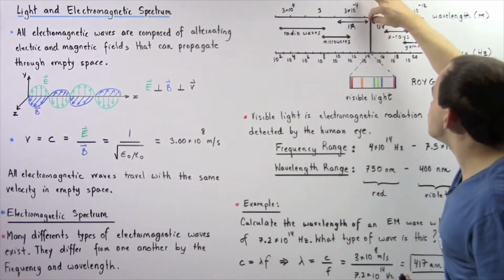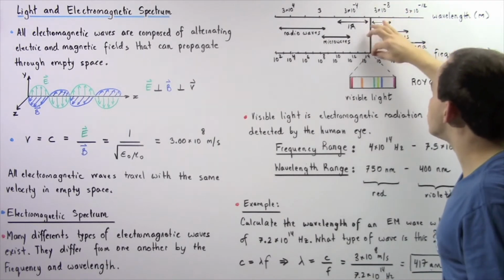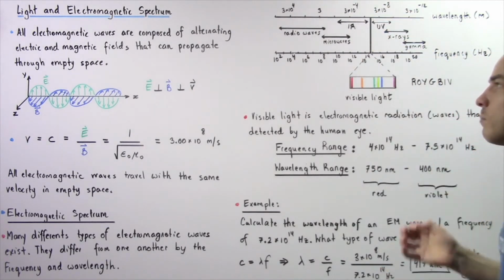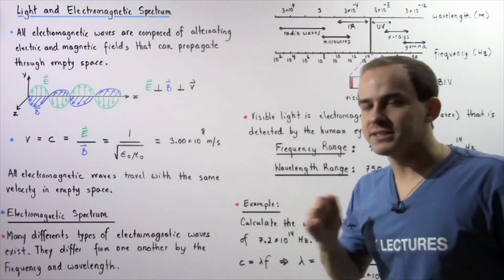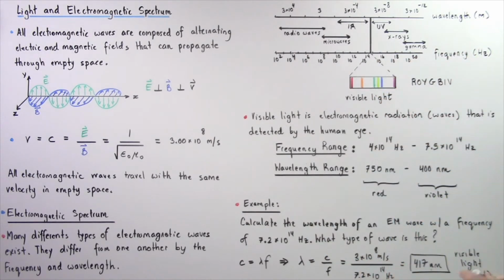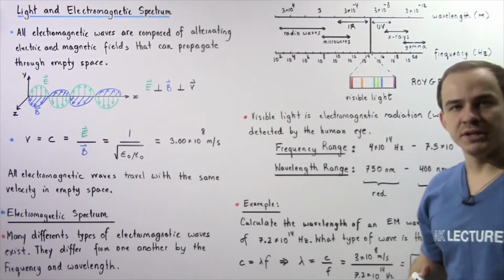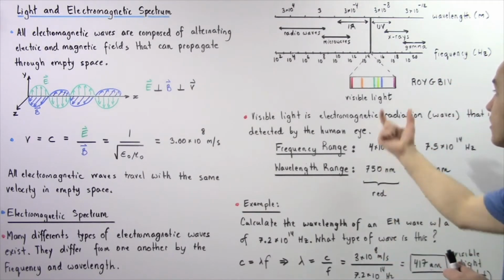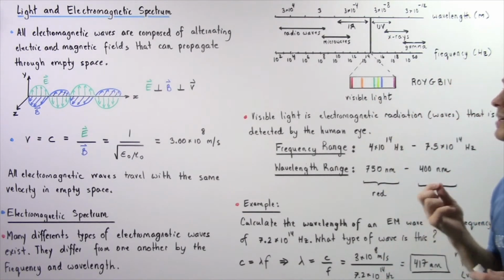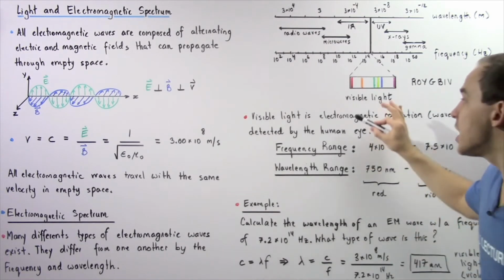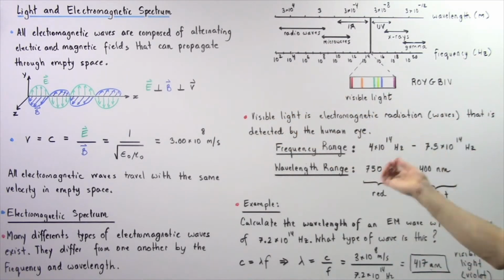Notice this small section of the electromagnetic spectrum represents a very important type of electromagnetic radiation known as visible light, or simply light. It is important because visible light is the type of electromagnetic radiation that is detected by the human eye.